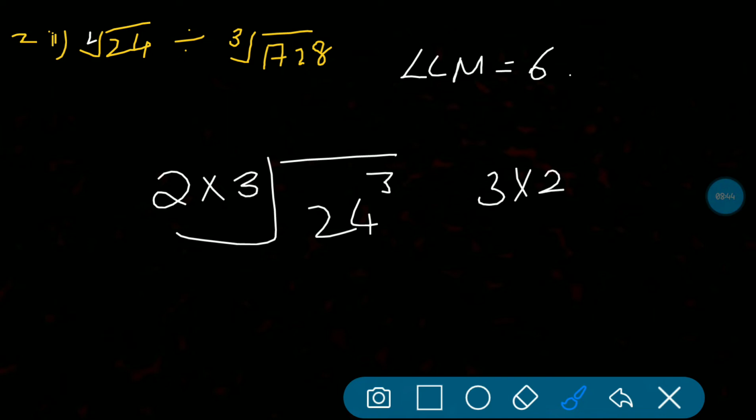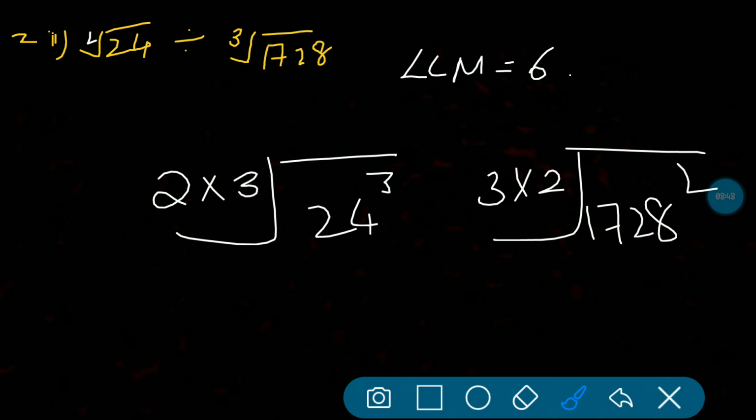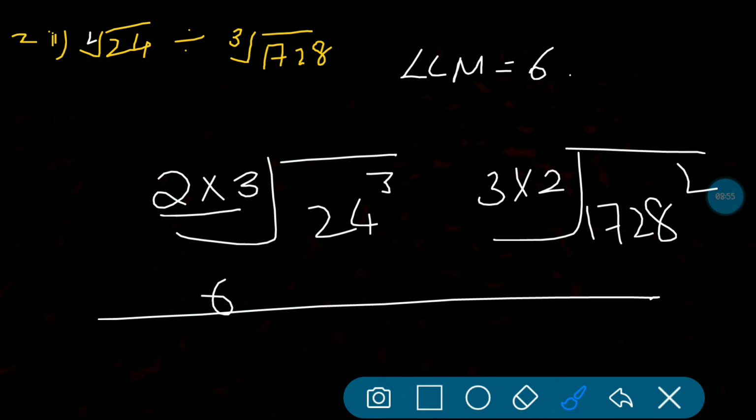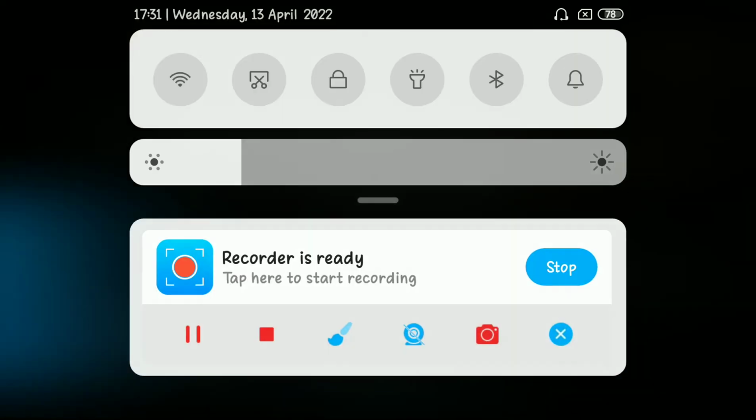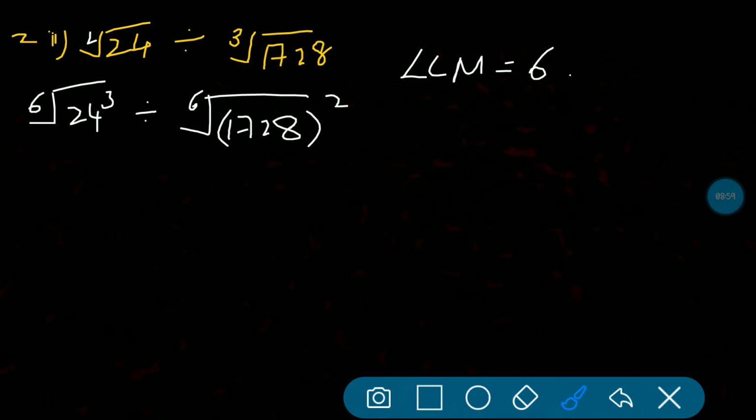So same thing. We are going to multiply 2 to the given 3 and 1728 square. Now this step we are going to write it. Now directly 2 threes is 6 I am going to write. That's what I am telling you. Now until here it is clear, right? Now 1728 is nothing but actually 12 cube.